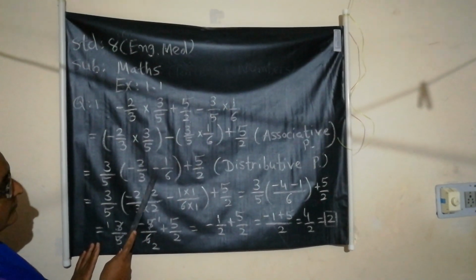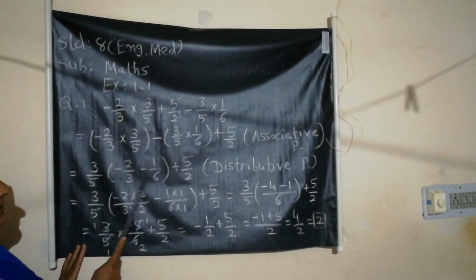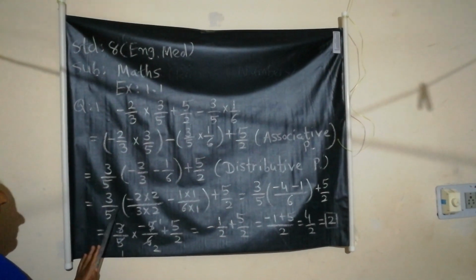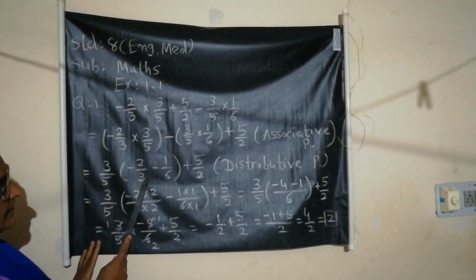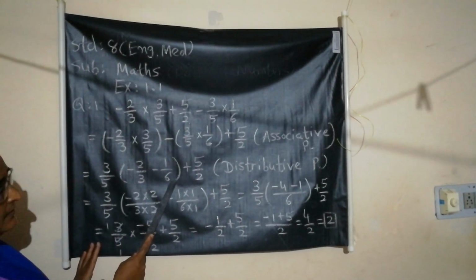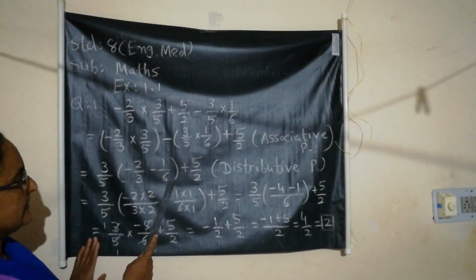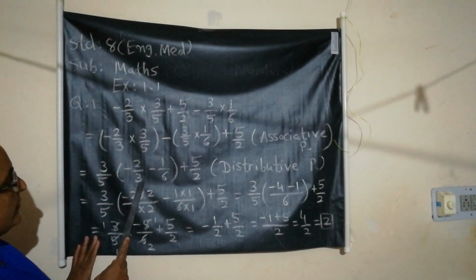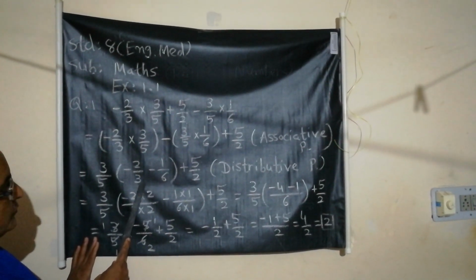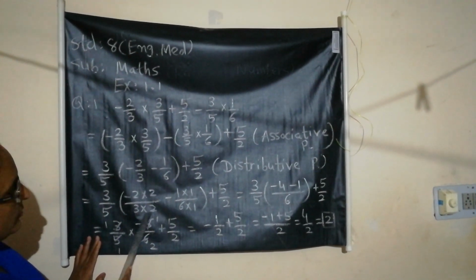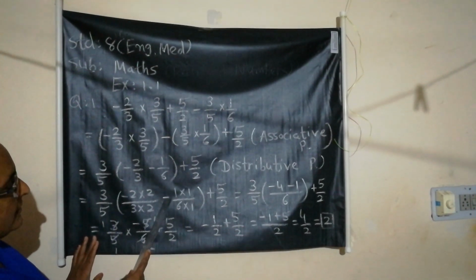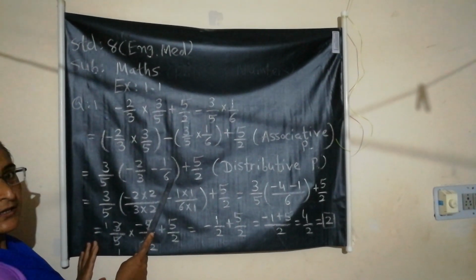Now we simplify this bracket. Here there is 3 and here there is 6 as the denominator. Therefore, we have to take the LCM. LCM will be 6. Therefore, here we multiply with 2: negative 2 into 2 upon 3 into 2 minus here 6.